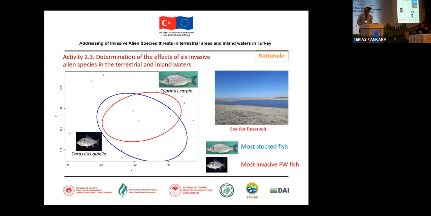I will share with you a figure. Probably you won't see it, but it's quite small. It shows that since 1992, between 4 million and 6 million common carp fingerlings have been introduced all over Turkey, especially into newly established reservoirs.